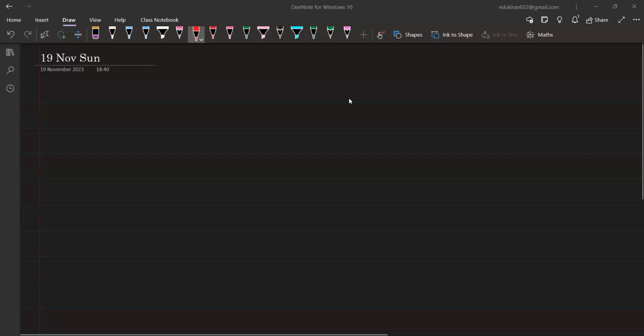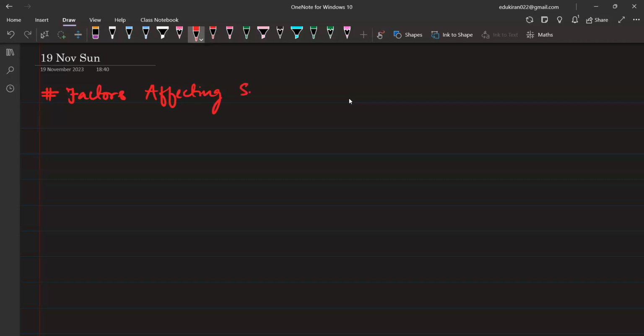So please write the heading: Factors affecting SN1 and SN2. There are three factors that we have to understand.